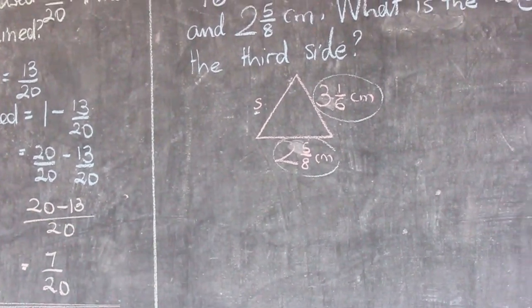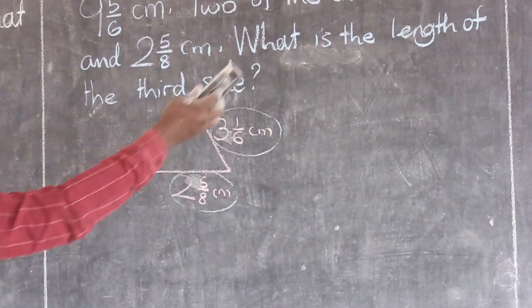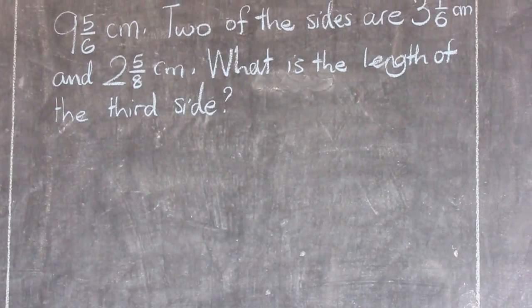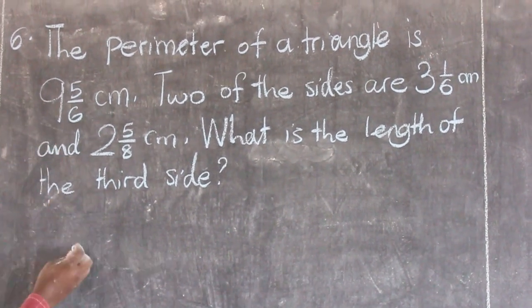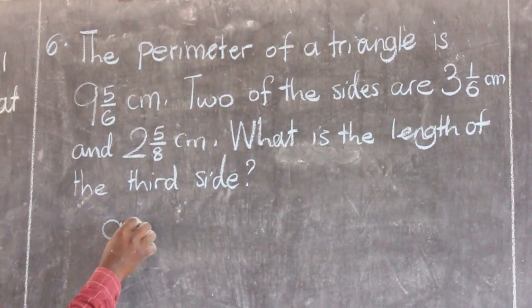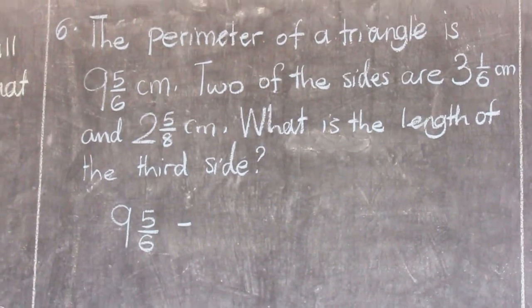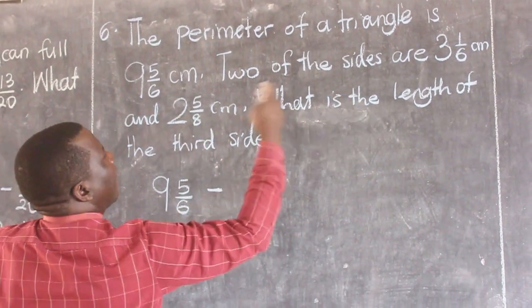So we shall first begin by adding these two sides. Okay? So we shall say, we shall subtract 9, we shall have 9 whole number, 5 out of 6, minus what we shall have got from adding these two.